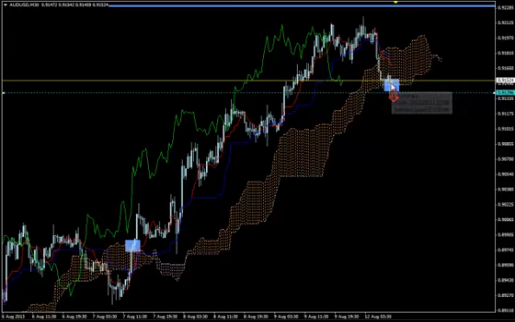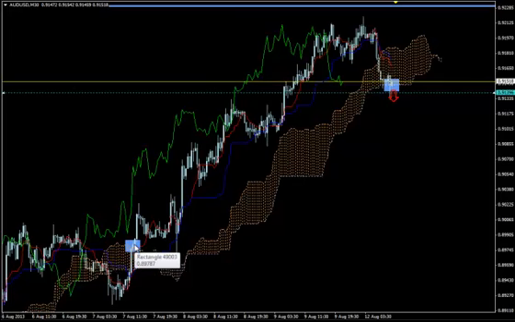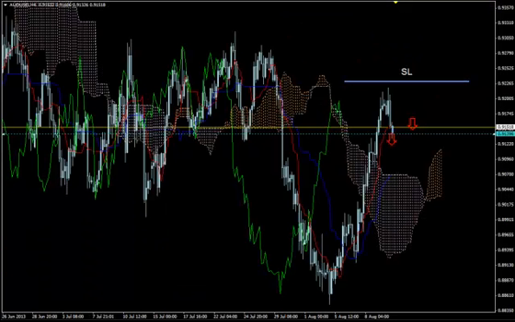We enter short here and we will exit when price goes down and then starts reversing upwards. Okay, so this is the logic behind entering with the Kumo breakout and exiting with the Kumo breakout. This is it. Monitor your trade from the H4 time frame, and thanks for watching and happy pips.